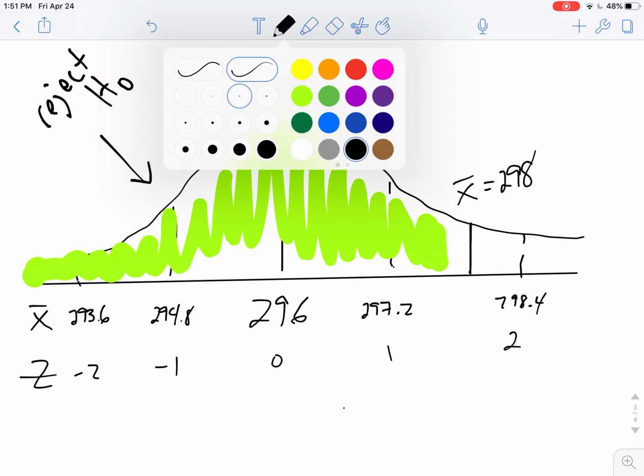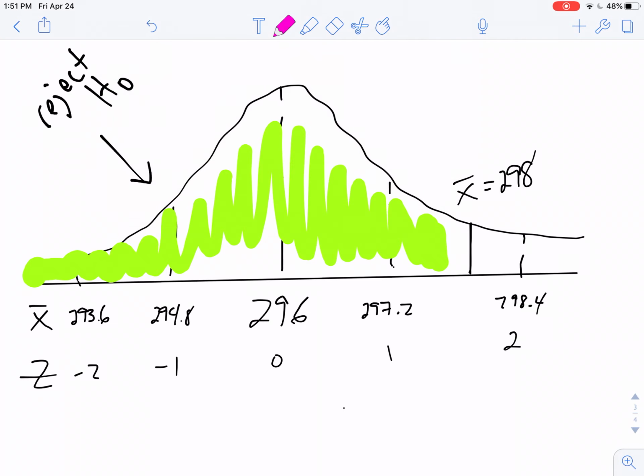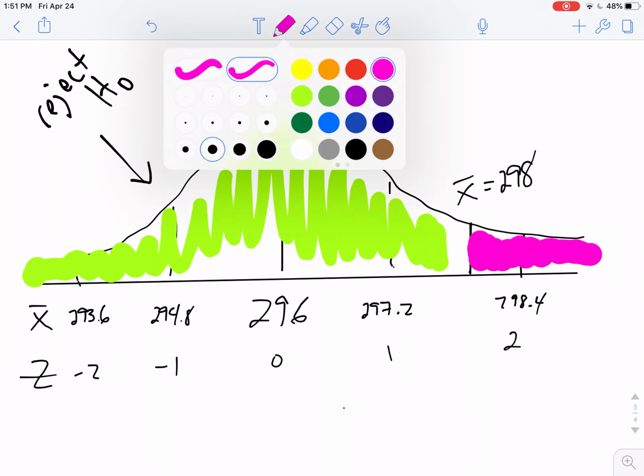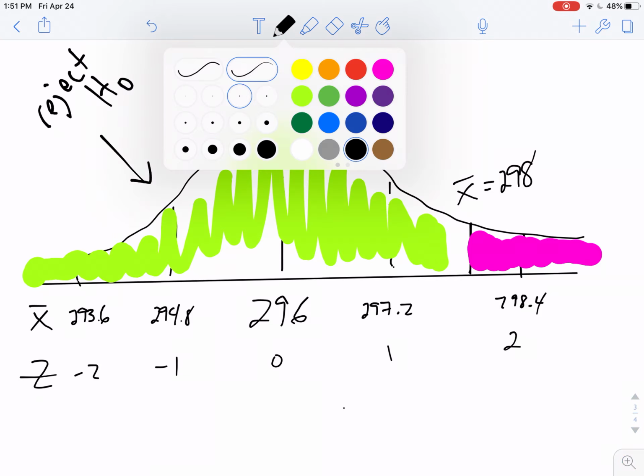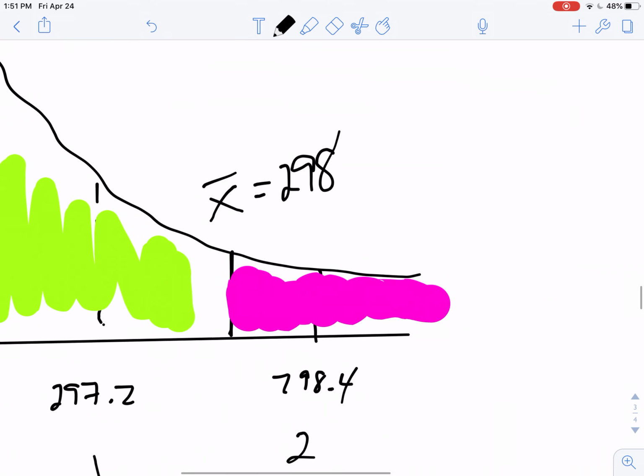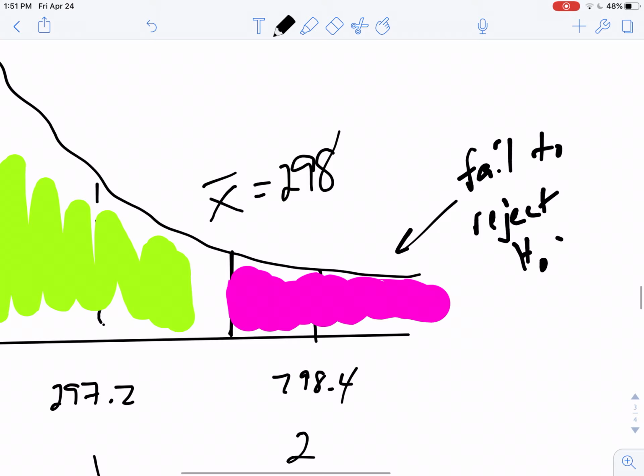Let's use pink for the other side. That's over here. So the pink region now is where I am going to fail to reject the null. This is fail to reject the null.